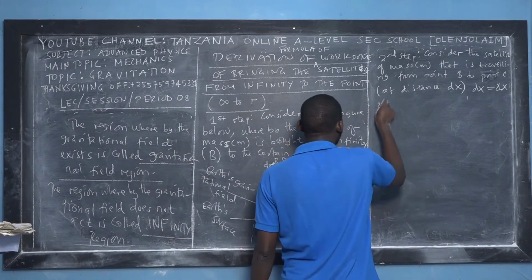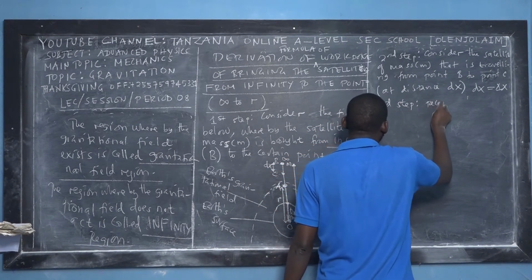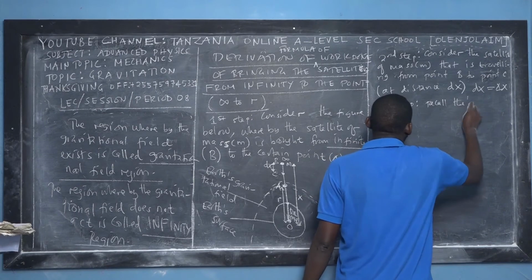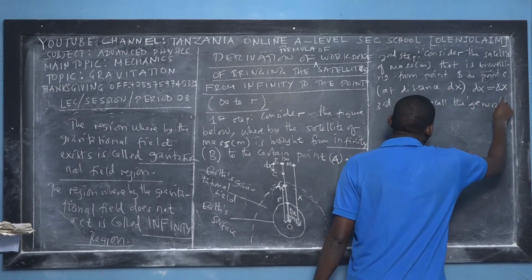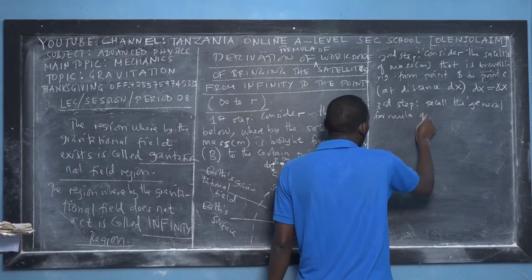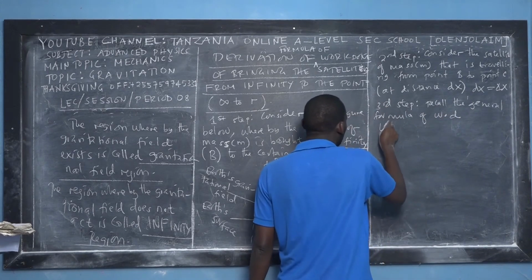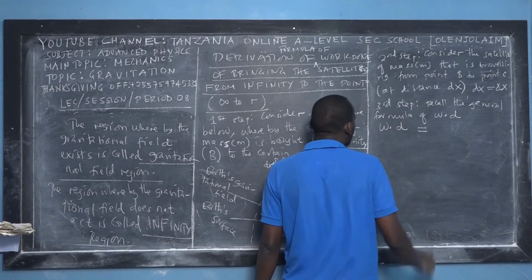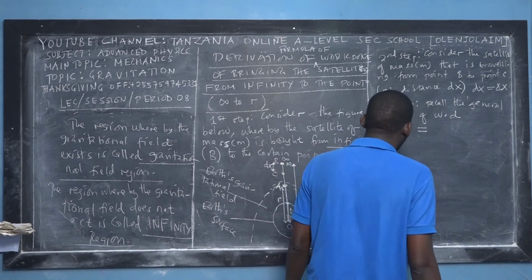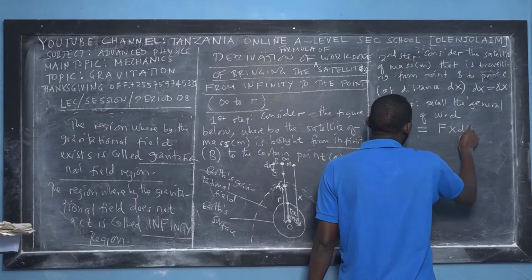So we go to the third step. The third step is the general formula of work done. Since our ordinary education, we say that work done is equal to force times distance.